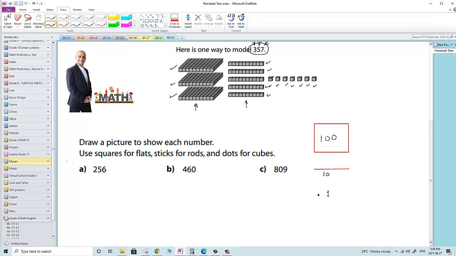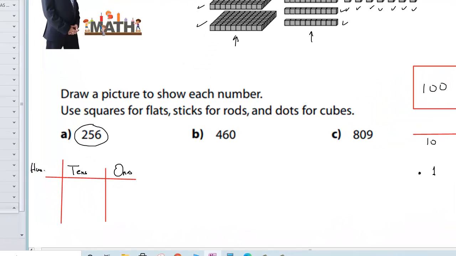So I have the first number. I don't know how to draw it, so the best thing I can do is use this magic table, which will help me know how many hundreds, how many tens, how many ones. This is the ones, this is the tens, and this is the hundreds.